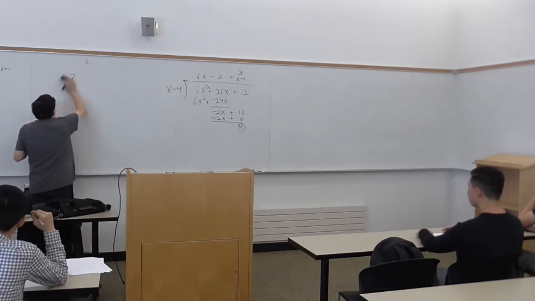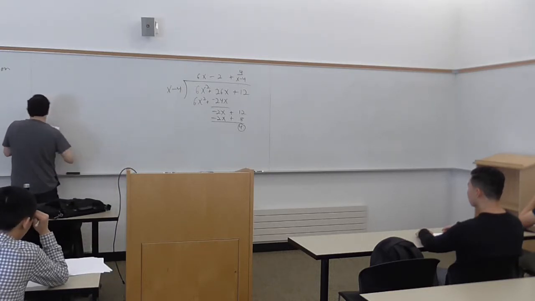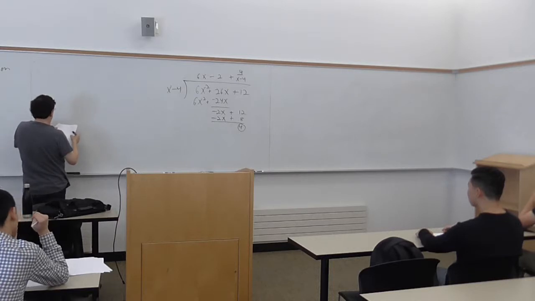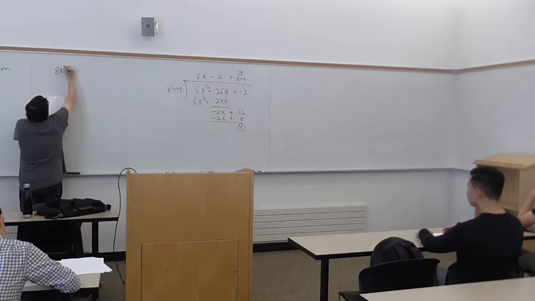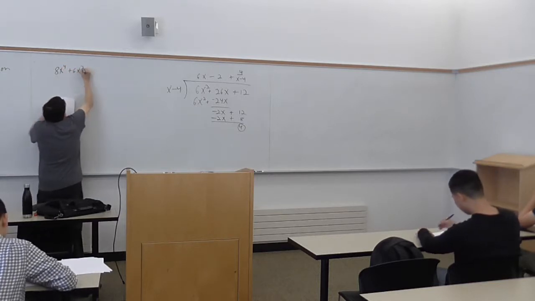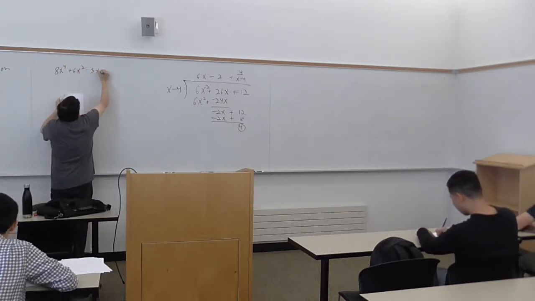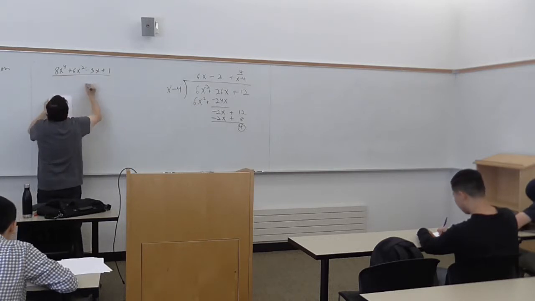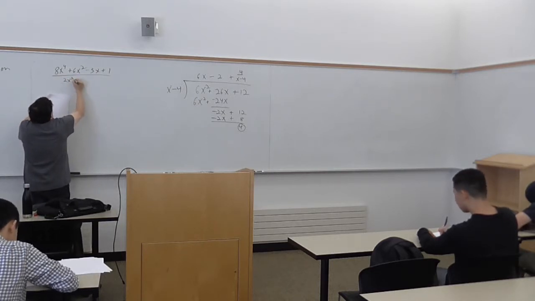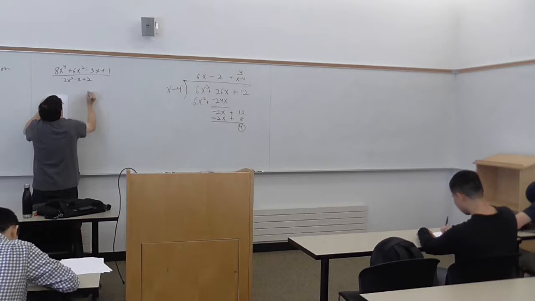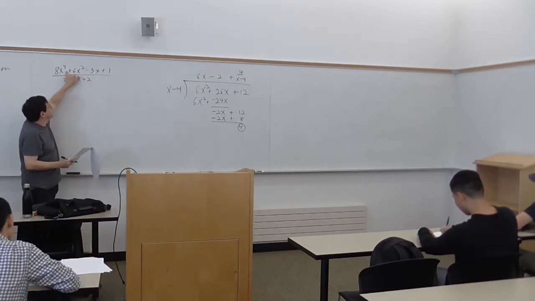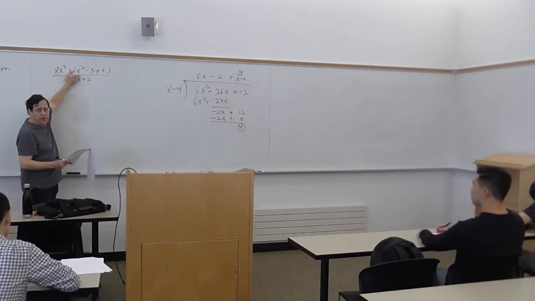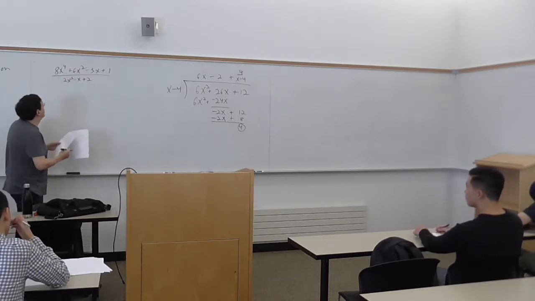Just one more comment on doing this carefully and accurately. If I had something like this, x to the fourth plus 6x squared minus 3x plus 1 over 2x squared minus x plus 2. Well, there's a term missing here, right? It's a zero term, right?